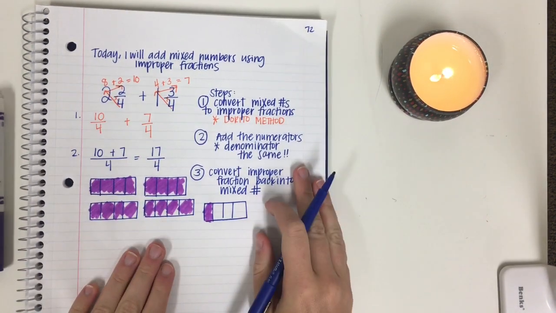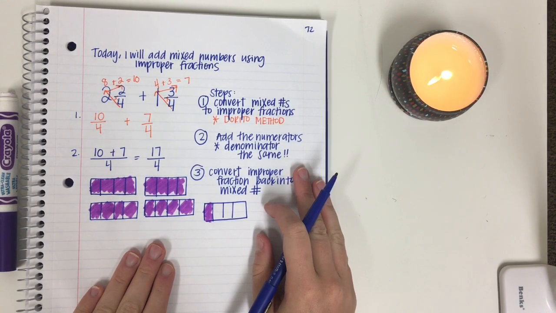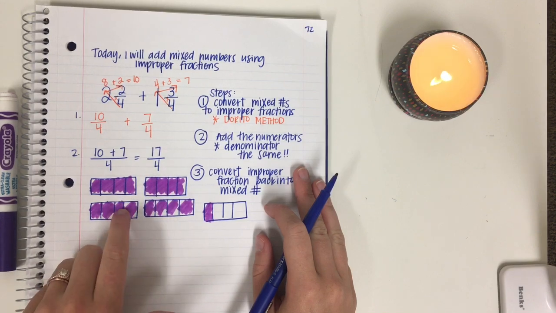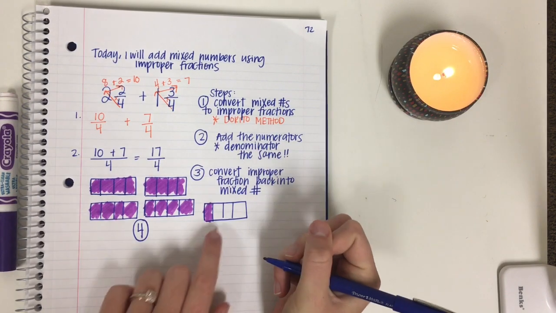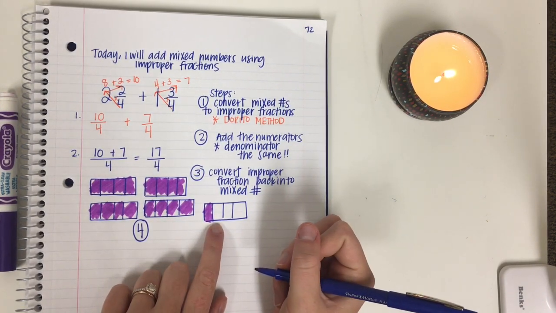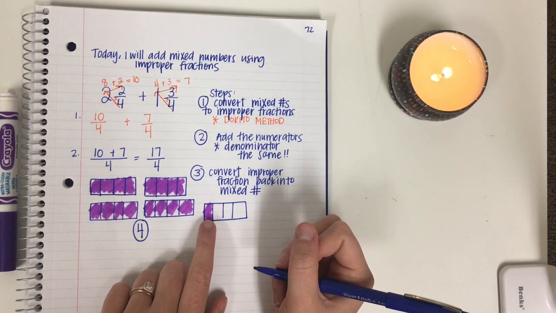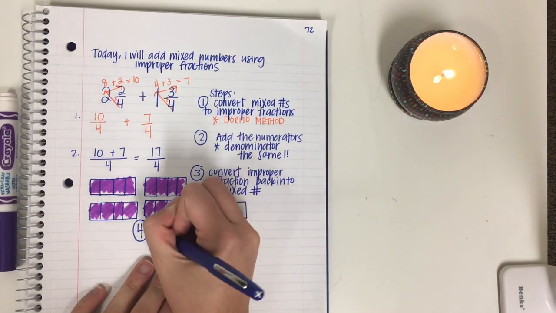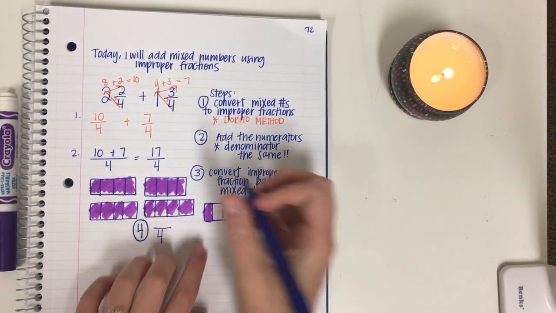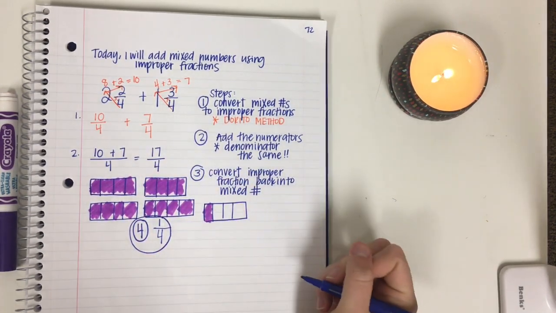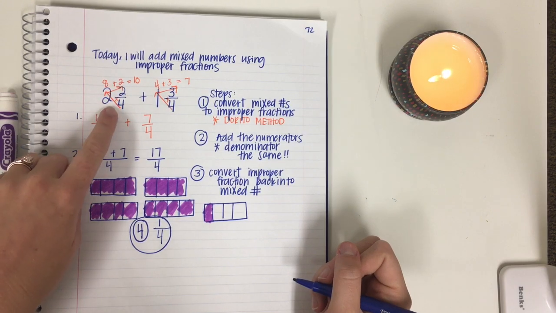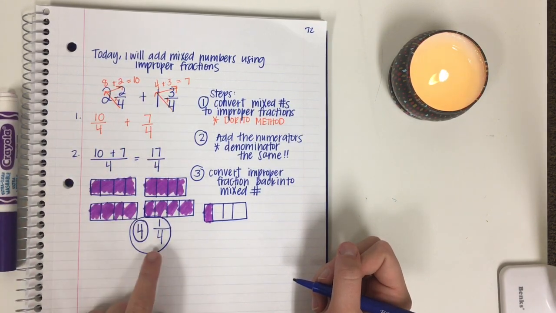Okay, here we go. How do we find our mixed number? We count our wholes, right? 1, 2, 3, 4. And we count our part and our whole. So now we have 4, and 4 is my denominator. How many are shaded? 1. So my new mixed number is 4 and 1/4. So 2 and 2/4 plus 1 and 3/4 is equal to 4 and 1/4.